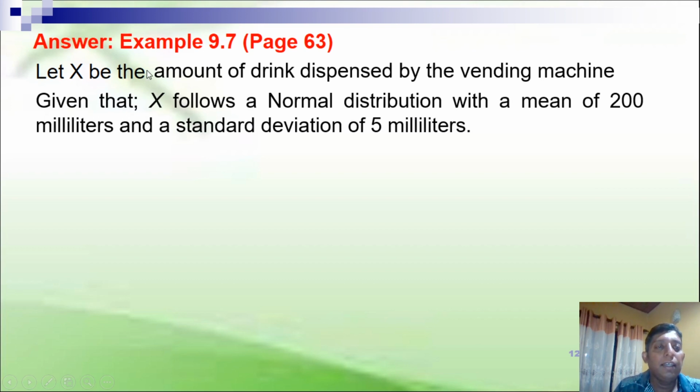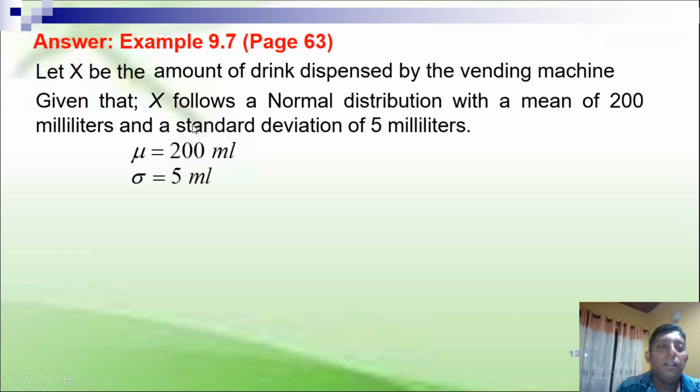The amount of drink dispensed by the vending machine follows a normal distribution with a mean of 200 milliliters and standard deviation of 5 milliliters. You can write down the given information as: mu equals 200, population standard deviation 5.